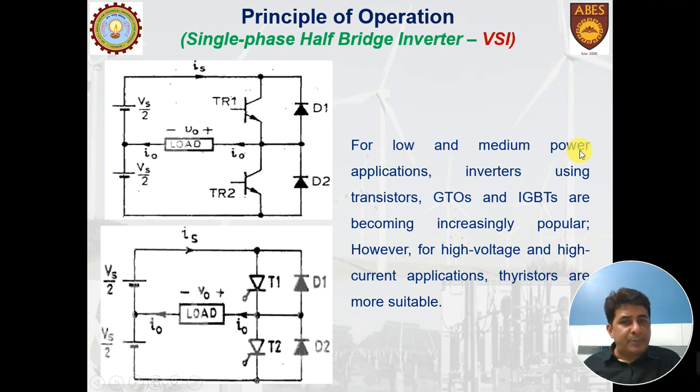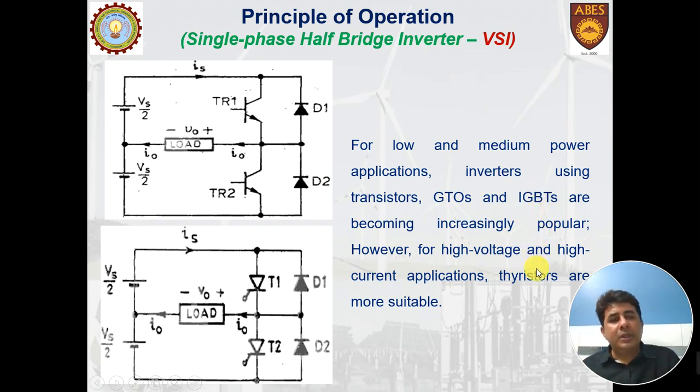But for medium power applications where we talk about the VFDs, the variable frequency drives, the AC drives, which are used in industry, all those drives are based on IGBTs because their rating is up to several hundred kilowatts.